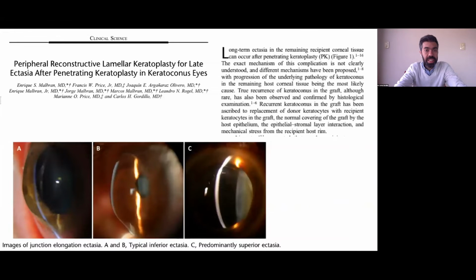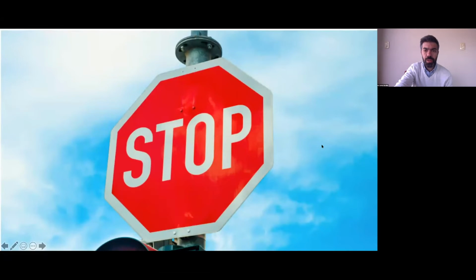Dr. Malbran, again, described the corneal ectasia in the peripheral ring, and he also described a surgical technique to make a reconstruction of the cornea. So the idea is to show you that we need to halt the progression after you have performed the corneal graft, because it's really important to avoid the progression again for these patients.